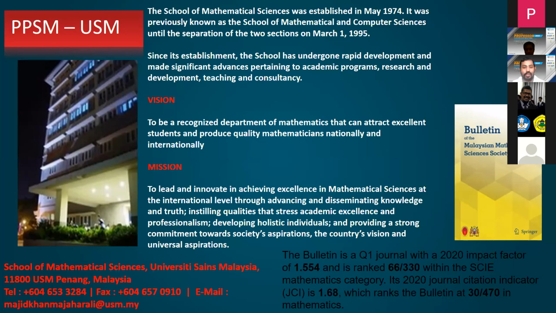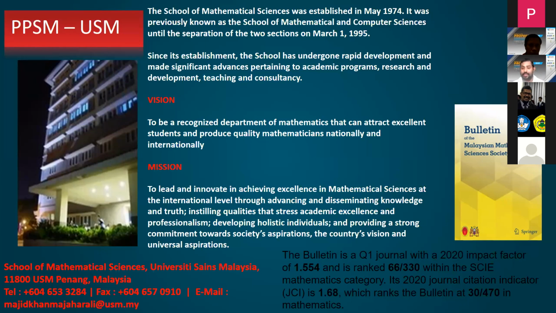And our mission is to lead and innovate in achieving excellence in mathematical sciences at the international level through advancing and disseminating knowledge. So if any of you want to continue postdoc, PhD, master, or even undergraduate, please come to our university. And one of the good things of our university, we have a bulletin called Malaysian Mathematical Sciences Society. This is a journal under our department, and currently it is Q1 with top 1% quantile.